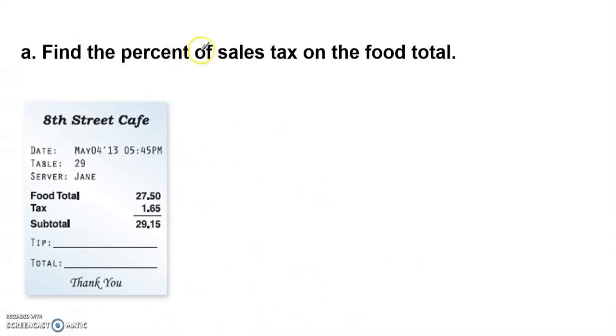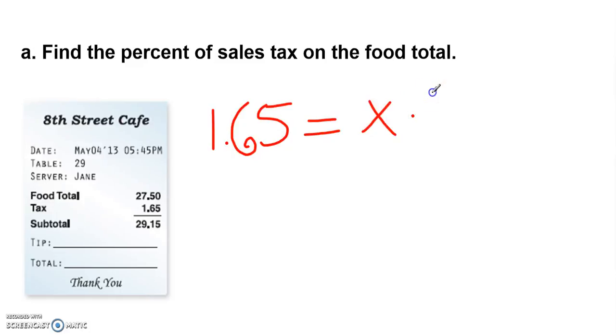So this says find the percent of sales tax on the food total. So they give you the sales tax, which is 0.65, and they want to know the percent, which we don't know, of the total food.